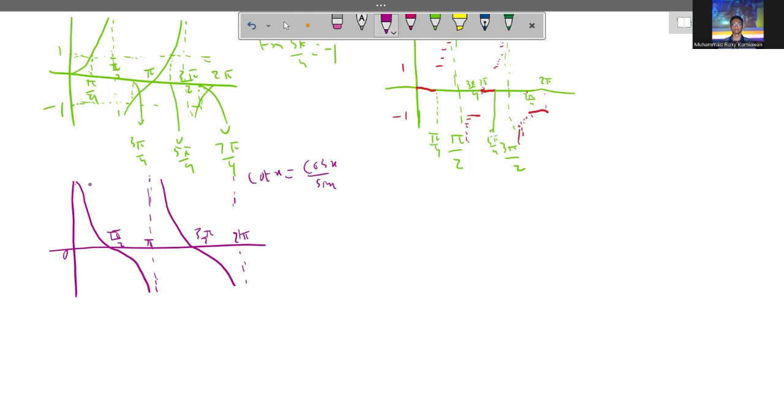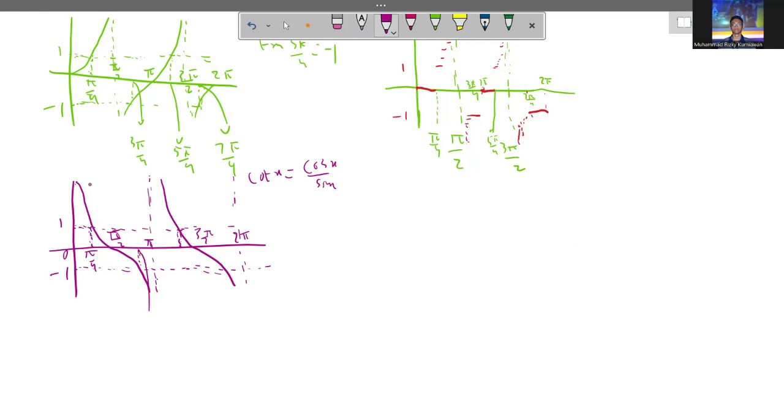So that means here at pi over 4, this here is, oh wait, so that's pi over 4, this is 1. And then here, it's -1.